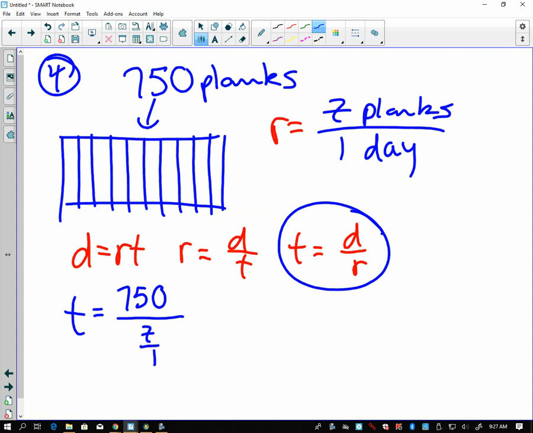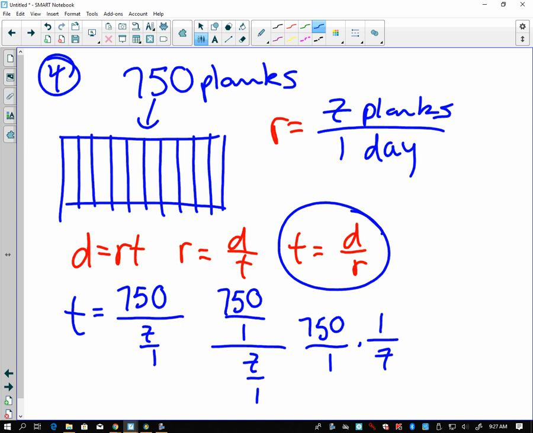So I have 750 over 1 over Z over 1. I have a fraction divided by a fraction. Can I divide a fraction by a fraction? What do I have to do? Multiply by the reciprocal. So that's 750 over 1 times 1 over what? Z. So my time equals 750 over Z.